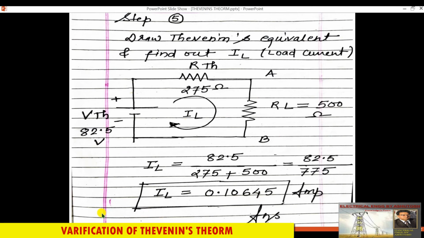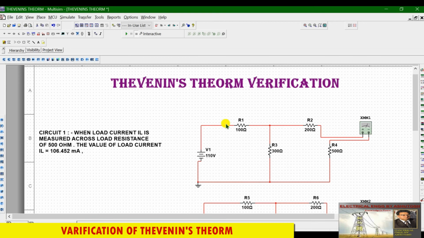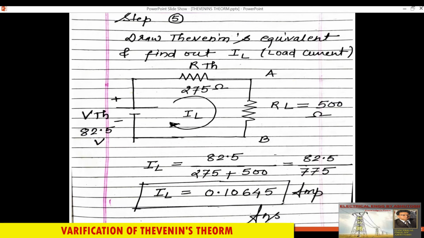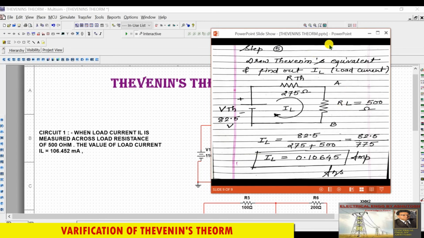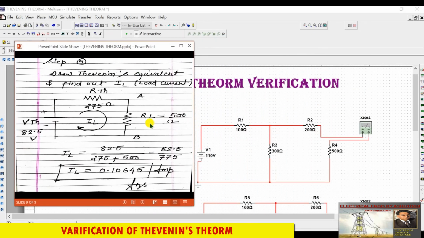Now we have to verify whether, in that simulation circuit, the same circuit we have drawn over here. Now we have to verify by connecting multimeters, that will work like voltmeter, ammeter and ohm meter. So first you can see here we are putting this PPT.